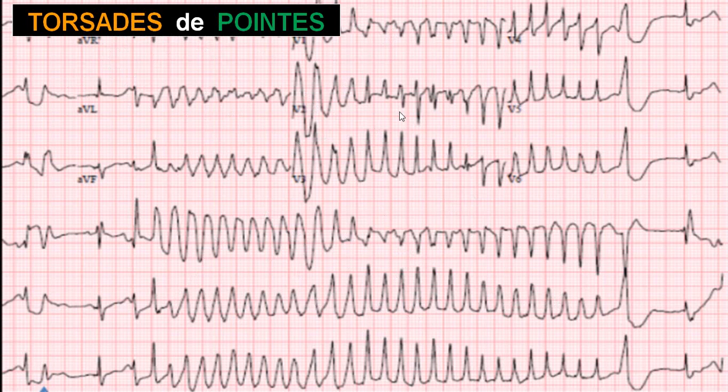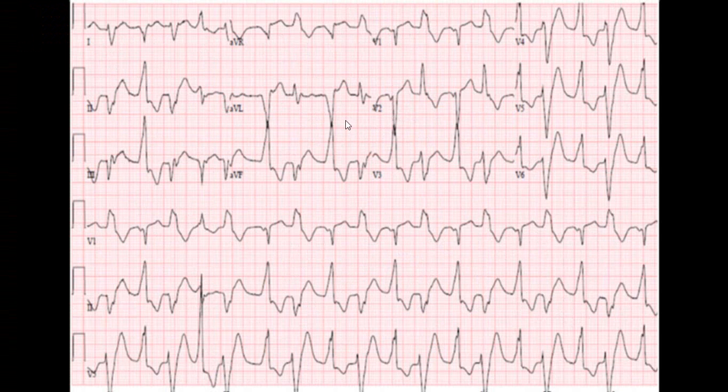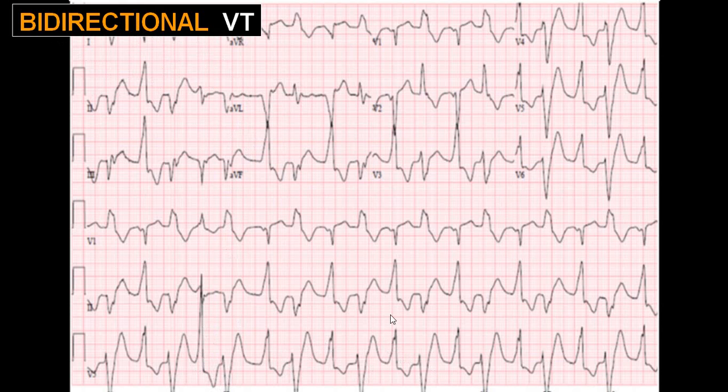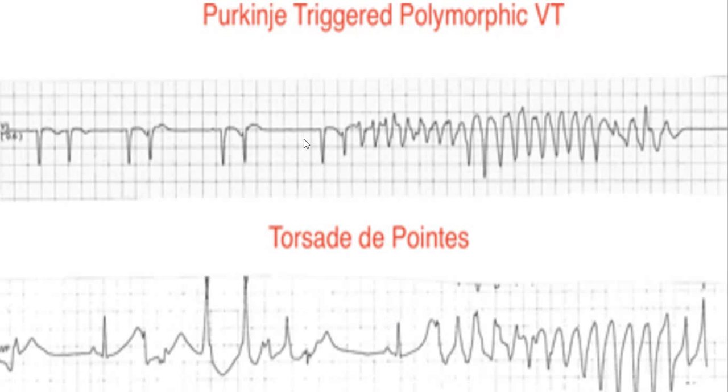So this is Torsades De Pointes. Here alternate beats. So bidirectional. This is polymorphic ventricular tachycardia. This is Torsades De Pointes.